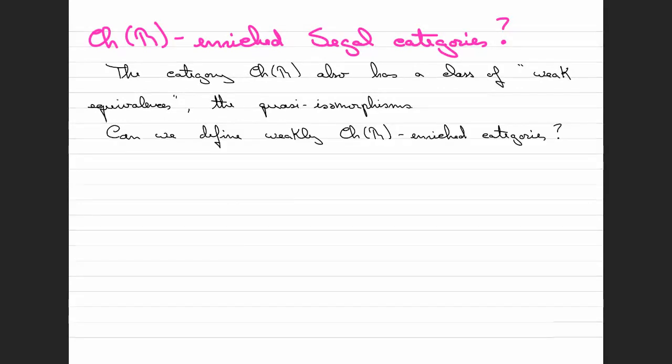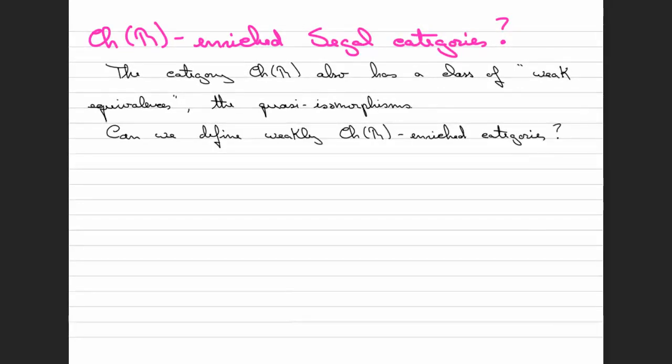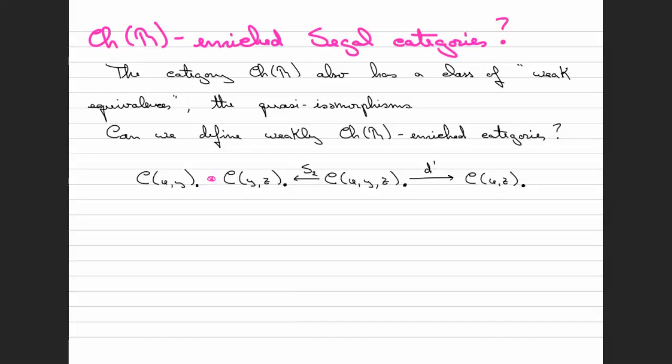And so can we define weakly chain-enriched categories? Well, what would these look like? That's the question. Instead of a composition, we would have this span. We would require S2, the second Segal map, to be a quasi-isomorphism instead of a weak homotopy equivalence.